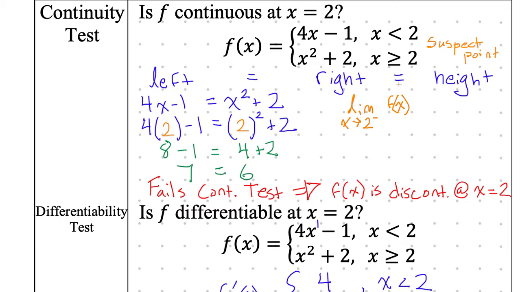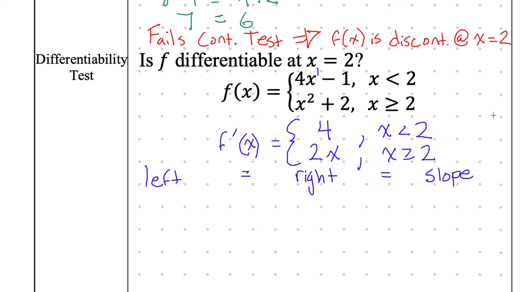You can't just say left. They don't know what you're talking about. You need to say the limit as x approaches 2 from the negative side, or from the left, of f of x needs to be equal to the limit of f of x as x approaches 2 from the right, needs to be equal to f of 2. That's how you say it formally. But what you're really doing is left equals right equals height.